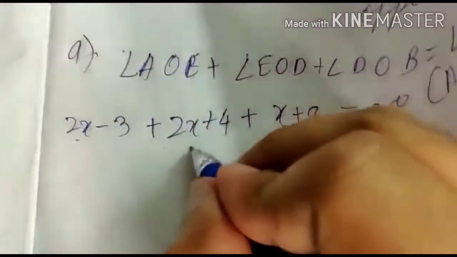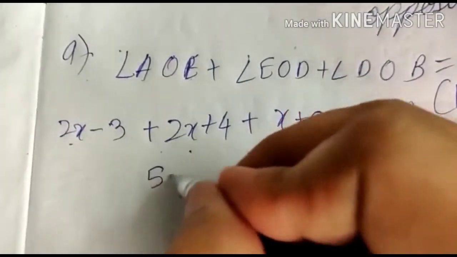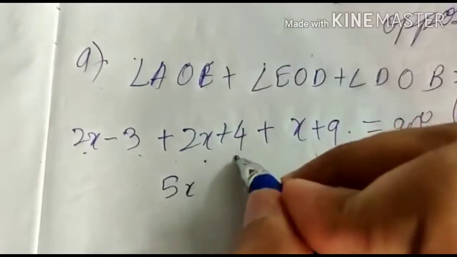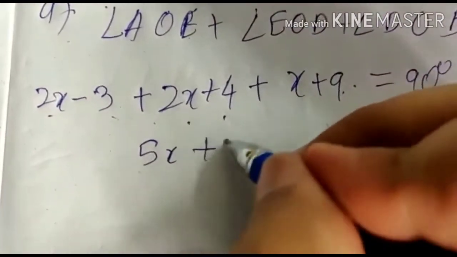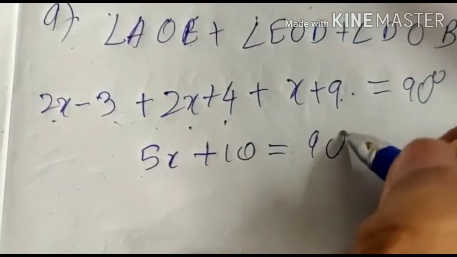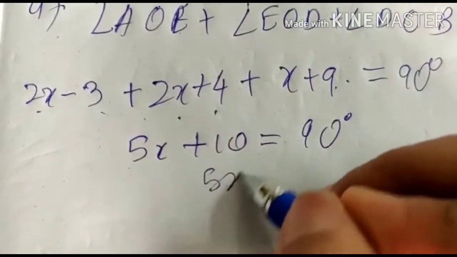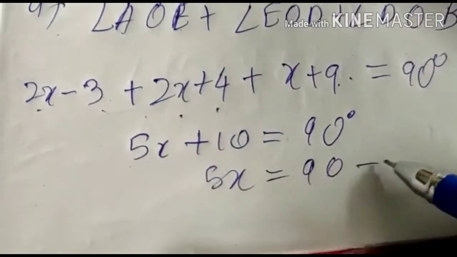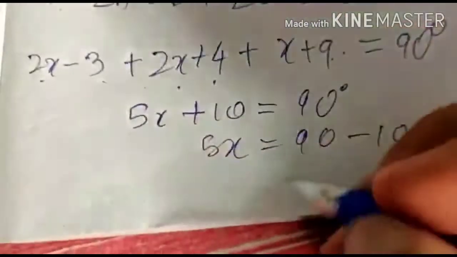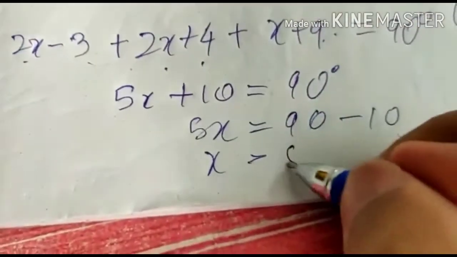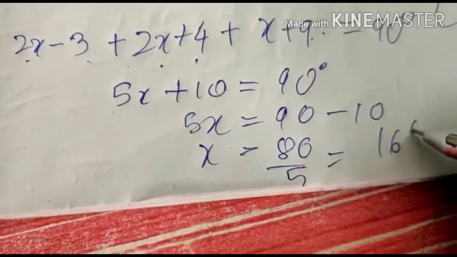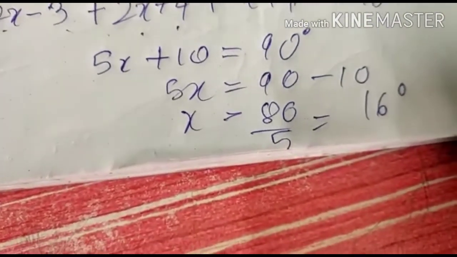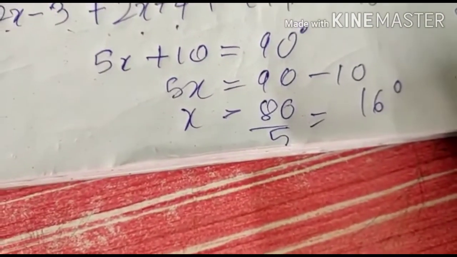So 2x plus 2x is 4x, plus 1x is 5x. Minus 3 plus 4 is plus 1, plus 9 is 10, equals 90 degrees. So 5x equals 90 minus 10. So x equals 80 upon 5, that is 16 degrees. So the value of x here is 16 degrees.